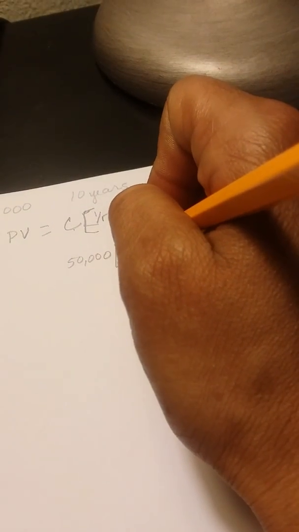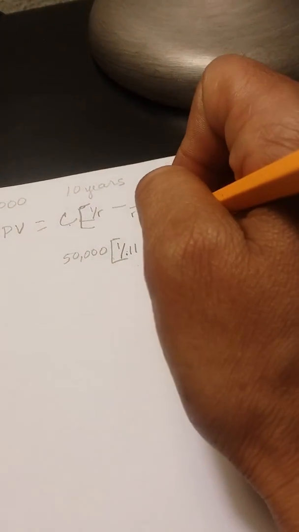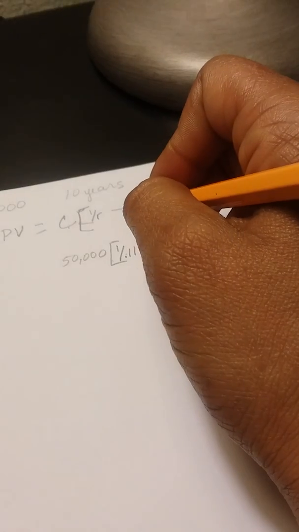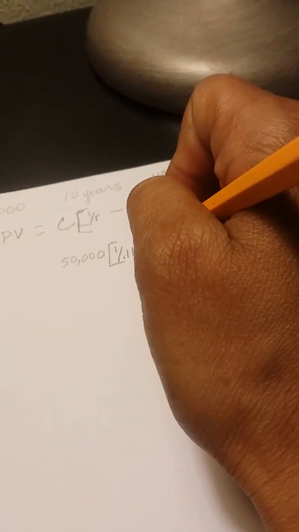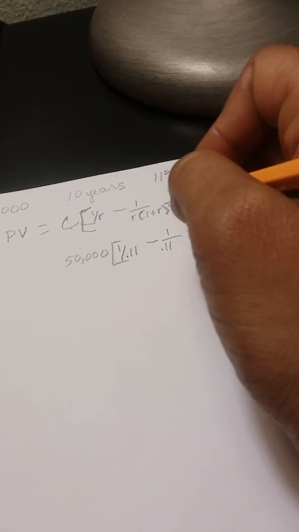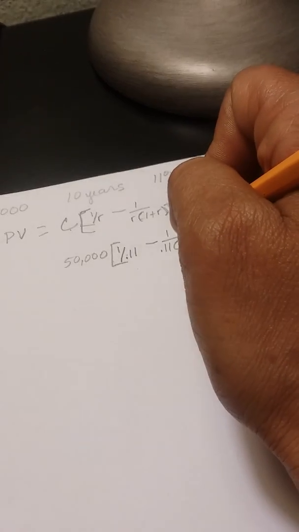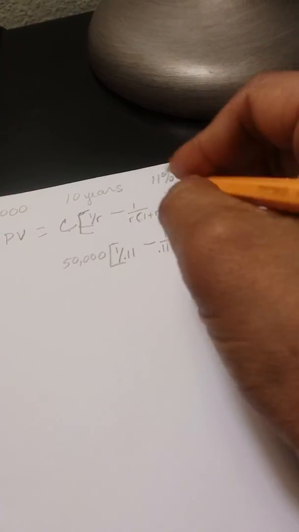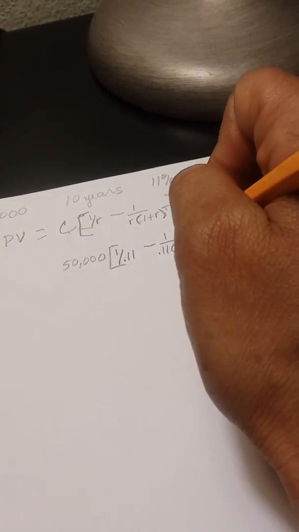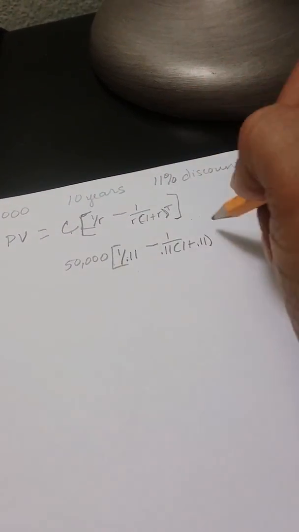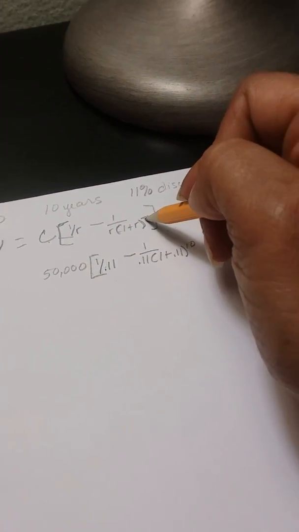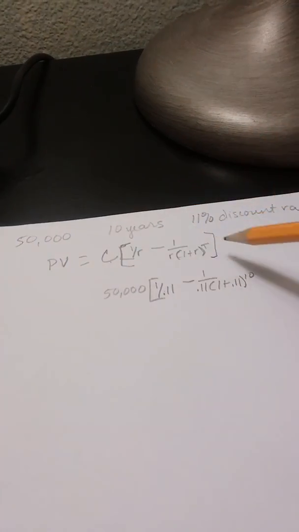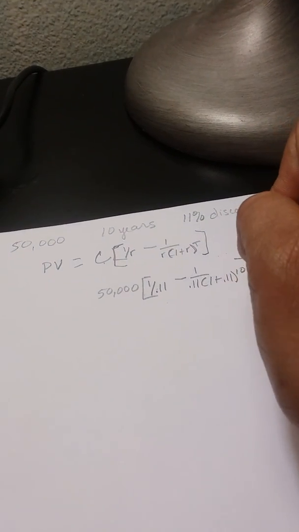And then minus 1 over, again, our rate. And then we just go 1 plus, again, our rate. It's pretty straightforward. As you can see, it's not really too tricky. You just have to plug your numbers in. Our time, just like it's been, that's 10. It just looks just like that.